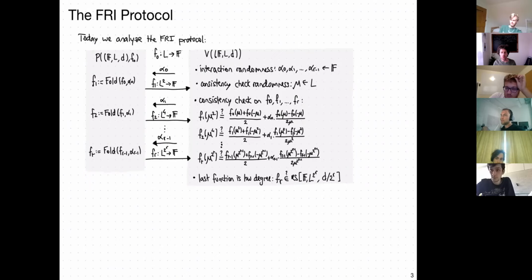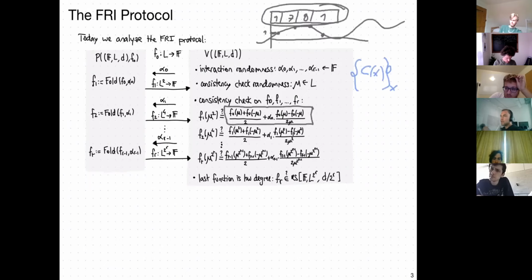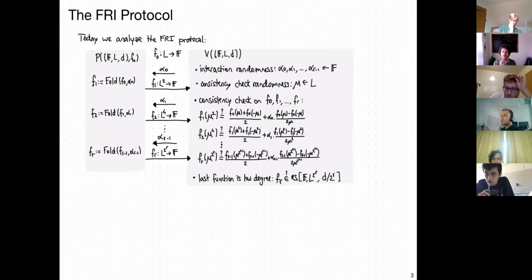Maybe it would be better to use square brackets on the verifier side, to indicate that he doesn't evaluate, he just looks at what's written in the table. Every time the verifier accesses some f at position mu or wherever, he doesn't evaluate, he just makes a lookup.